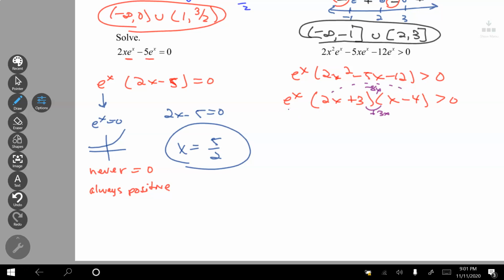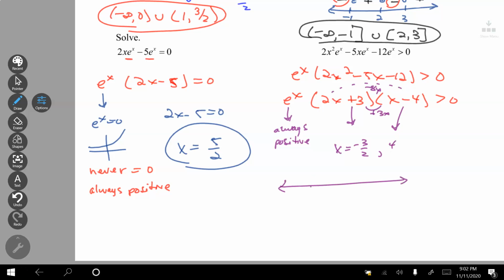Again, I don't have to worry about this. Always positive. But these I solve. I get x equals negative 3 over 2 and x equals 4.